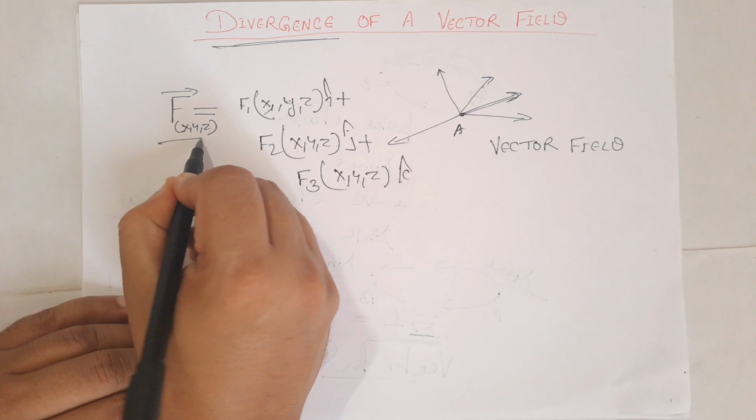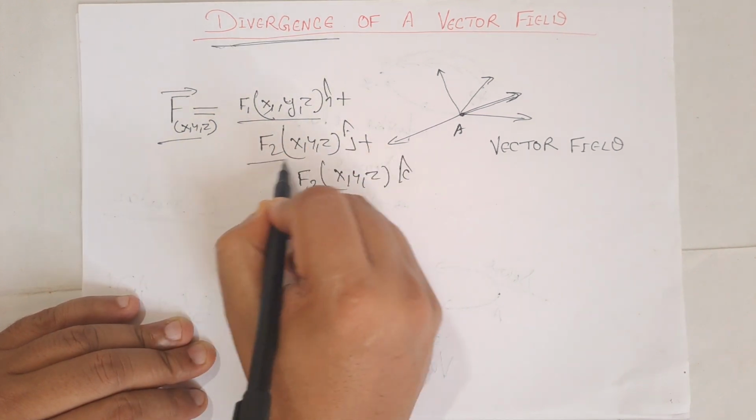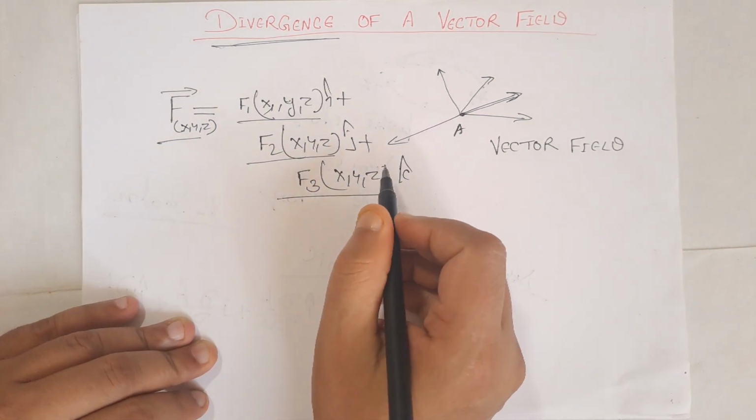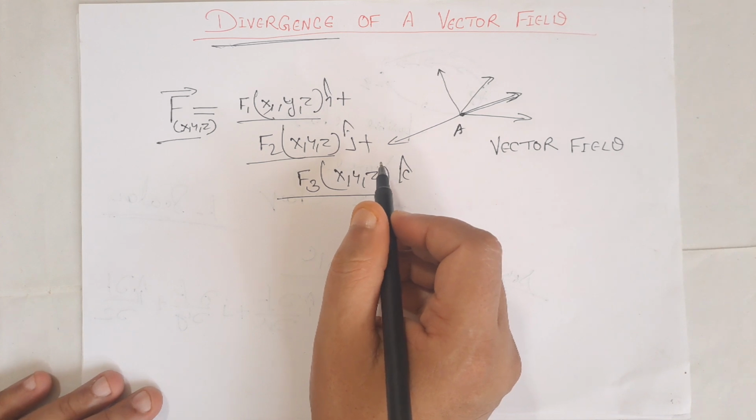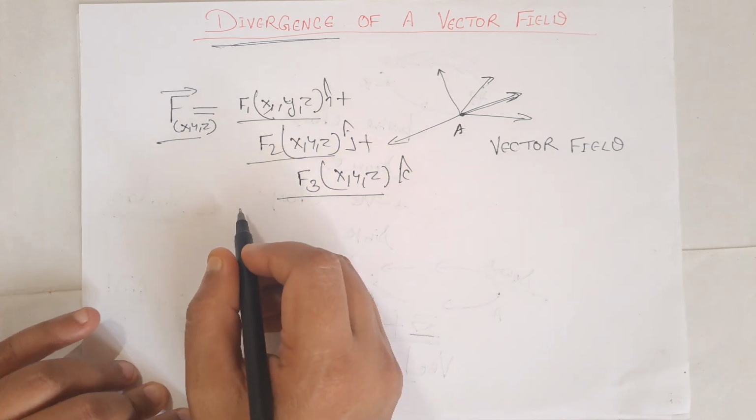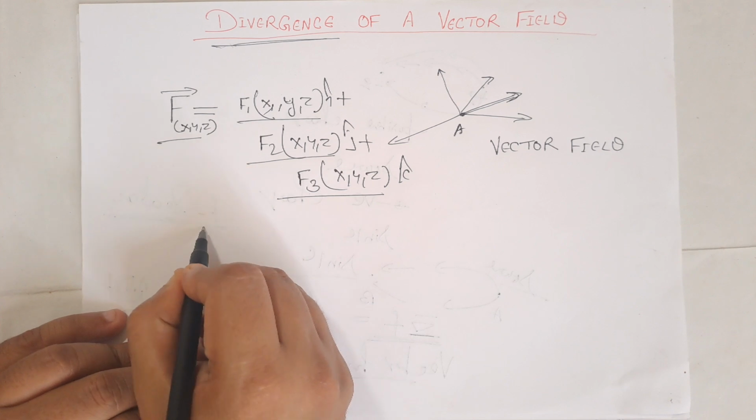This is the vector field, and f1, f2, f3 are the components of the vector field. Then we define divergence.